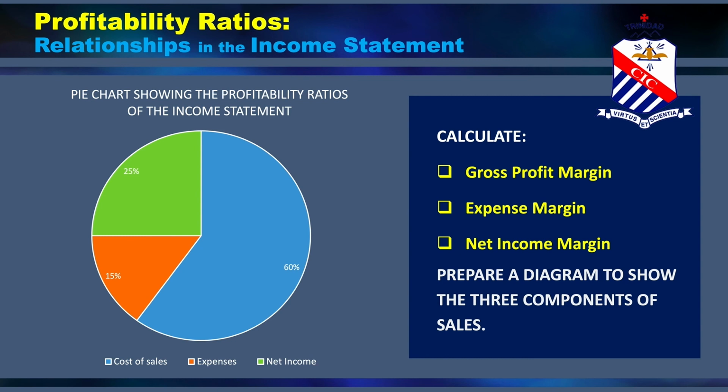Just like we did in previous examples, you can do a diagram like this where you see the sales, which is the full circle, broken up into these 3 components. In terms of the percentages, it would be your expense margin, your net income margin, and then your cost of sales percentage, which would be your 100% minus your gross profit margin. You can do this diagram in Excel or Word or PowerPoint, but it's a nice little project to see if you can do the diagram.